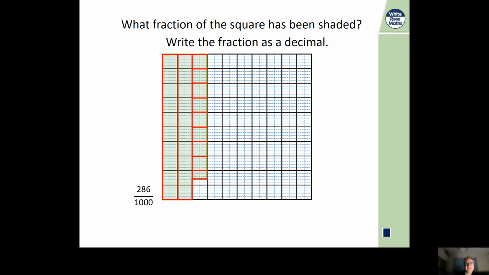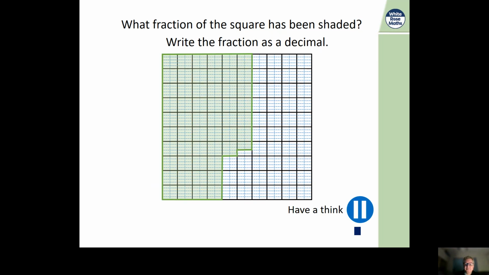So what does that look like as a decimal? These numbers need to move. So if you imagine there's an imaginary decimal point there, and we need the numbers to move place value wise 3 positions that way. So we end up with all of those 3 numbers to the right of the decimal point, and we end up with the 2/10ths, the 8 hundredths, well done, and the excellent 6 thousandths.